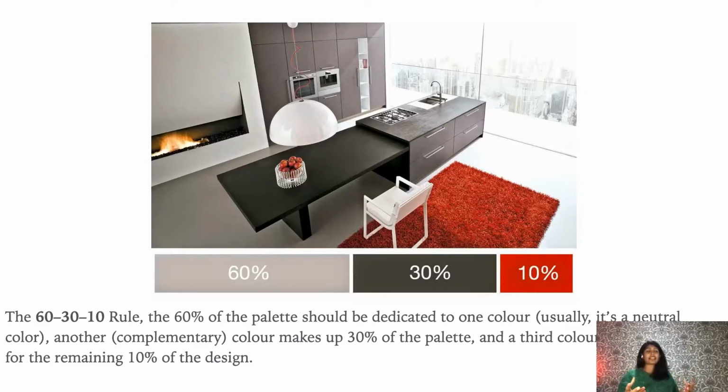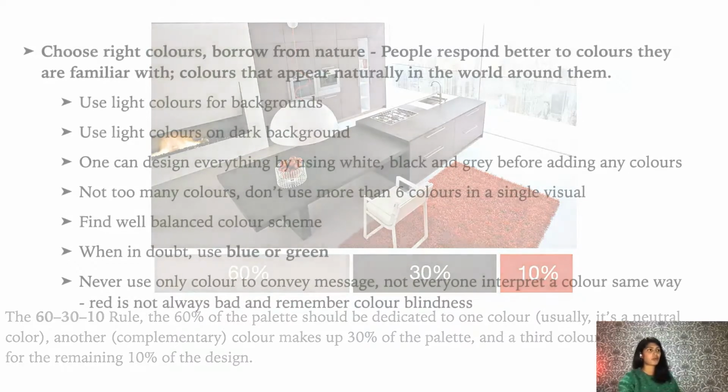In the data visualization world, your accent color is your highlighting color. Whatever you want your users to focus on, that is your accent color. So use the 10% to tell the story. This is a very good approach when you're creating your big report page. I'll show you more examples of the 60-30-10 rule in the next point.